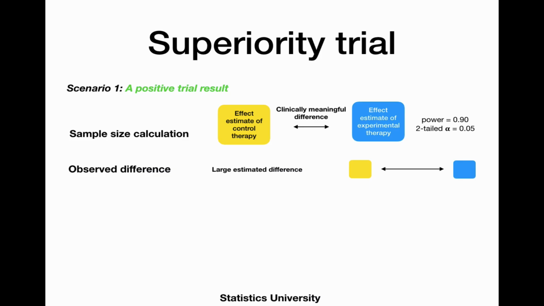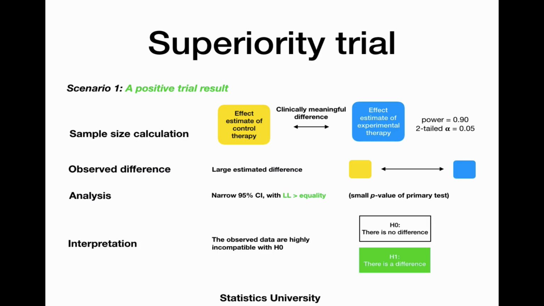Then we perform the study, and we observe a large estimated difference between the treatment groups. Now, in our analysis, we construct a narrow 95% confidence interval around the estimated difference, with the lower limit of the 95% confidence interval being larger than the equality measure, and we find a small p-value of the primary statistical test.